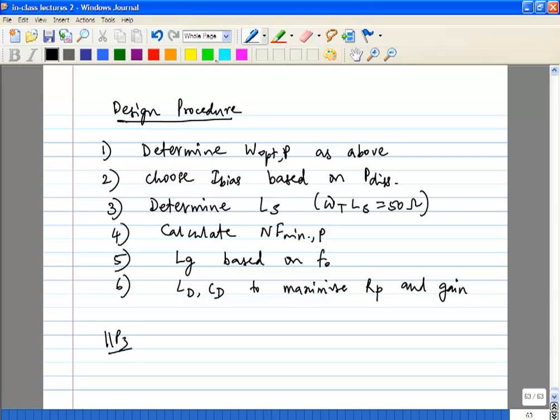So what you do is you go through this design procedure and simulate your IIP3. See if it looks good. If it doesn't, the only way to improve IIP3 is to increase VGS minus VT. IIP3 is related to VGS minus VT. So you increase the VDSAT of the device.